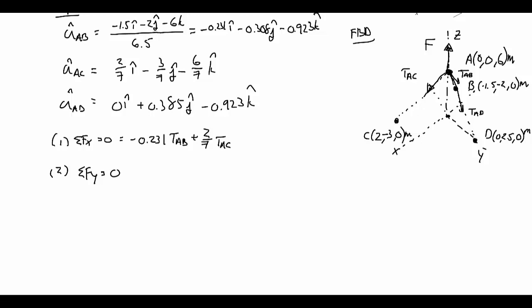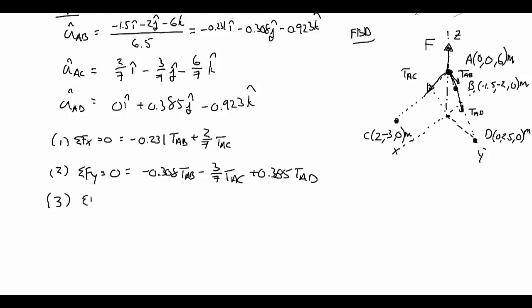I have 2 variables, but only 1 equation written, so I can move on to summing forces in the Y direction. So I have for AB, negative 0.308 TAB in the J, negative 3/7 TAC in the J for the TAC, and then plus 0.385 TAD. And that's it. So I have two equations now, but all three unknowns.